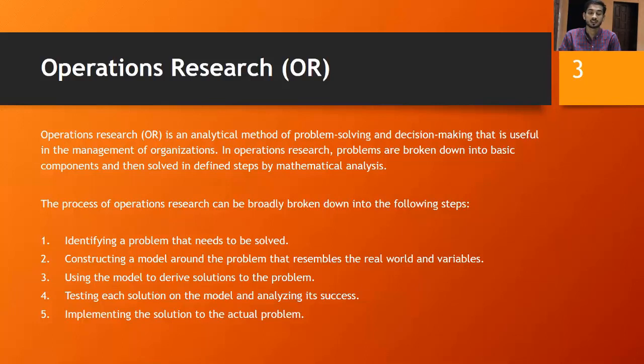Number three, using the model to derive solutions to the problem. Step number four, testing each solution on the model and analyzing its success. Step number five, implementing the solution to the actual problem.